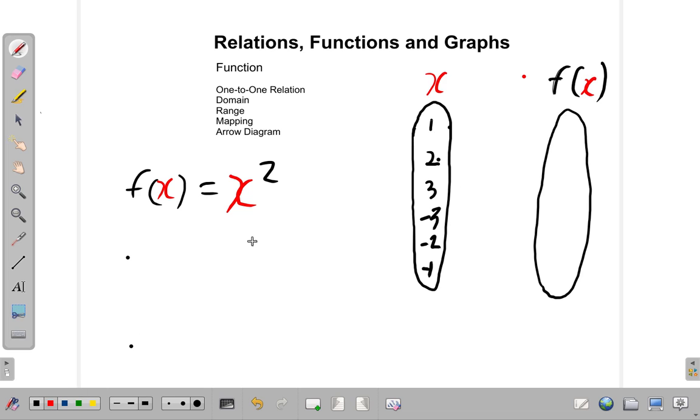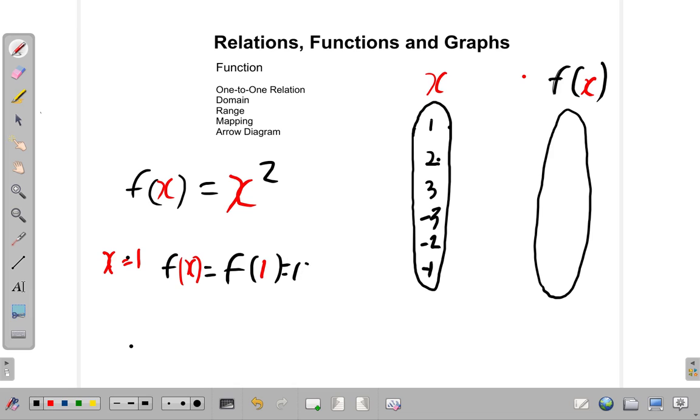Now, let's see what will happen when x is 1. When x is equal to 1, f of x will become f of 1, because x is 1.